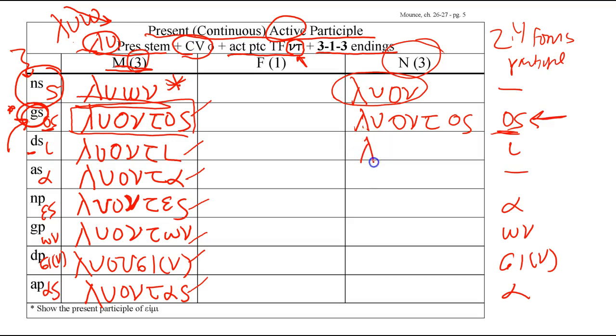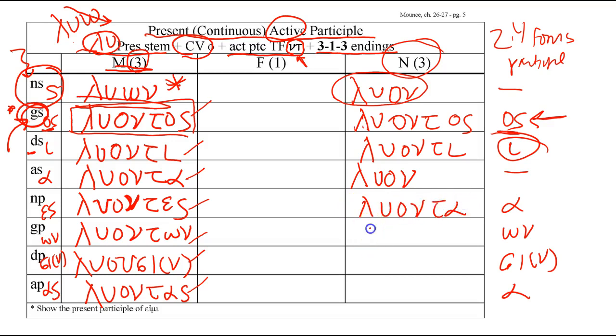So if I were to do the dative singular neuter for luō, it'd be luonti, because that's the case ending. And the neuter nominative singular and accusative forms are the same. So the accusative singular is luon. The plural form uses the alpha ending, so it's luonta for the nominative plural. For the genitive plural, it uses ōn, so it's luontōn.